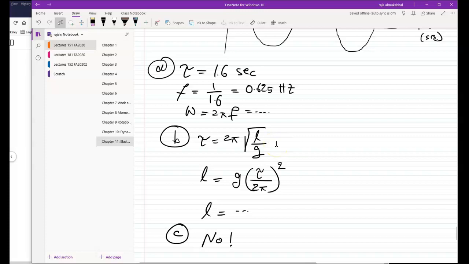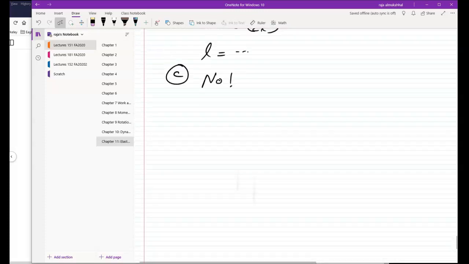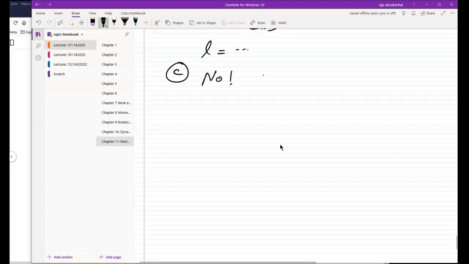So even though you know the period, the length of the pendulum, the frequency, the angular frequency, you still don't know the mass of the bob. The mass is independent of the period.